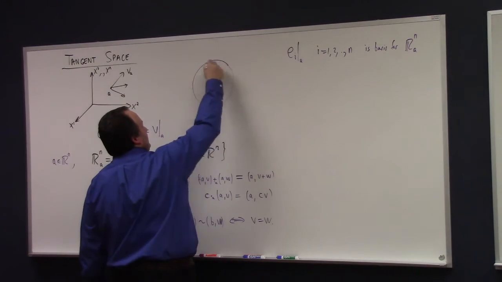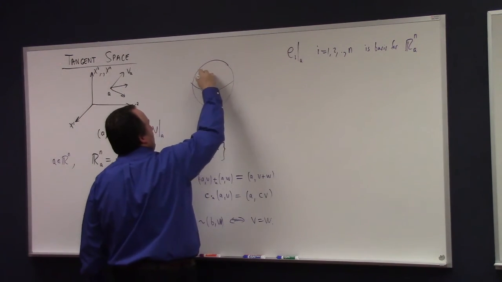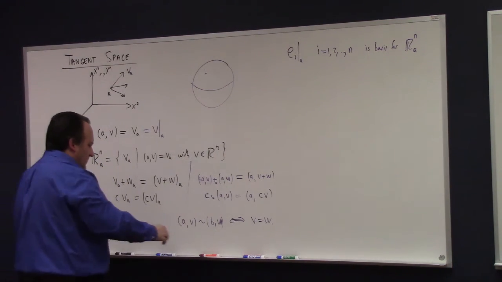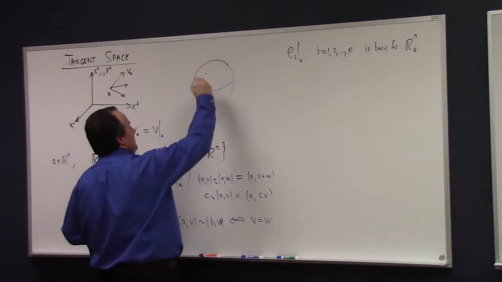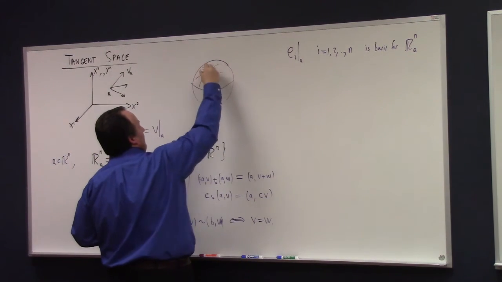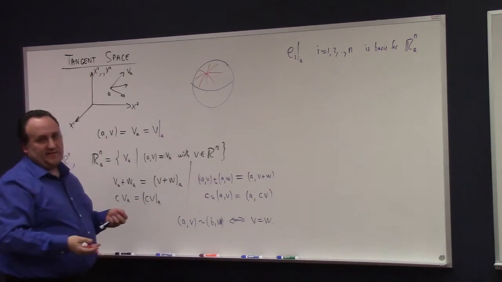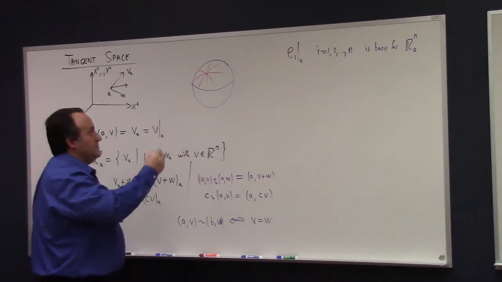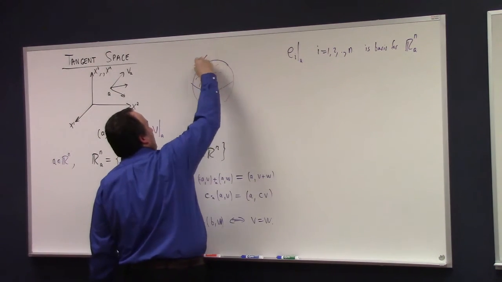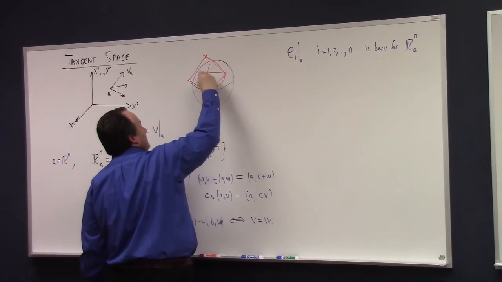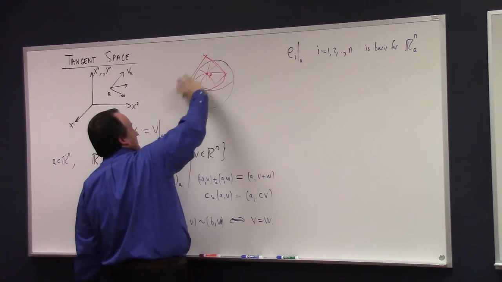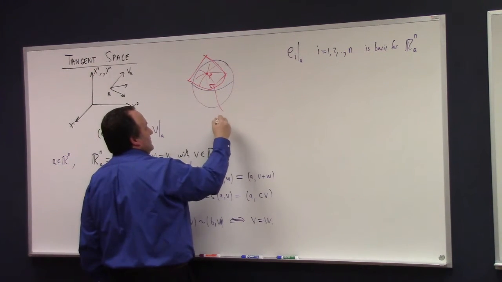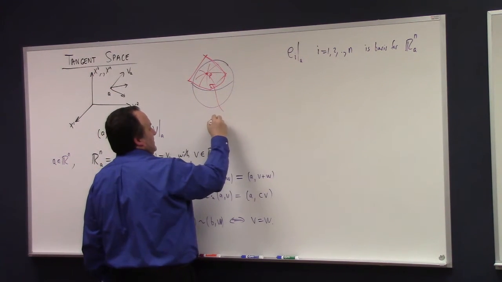You could think about something like a sphere, pick a point, right? And then you could imagine all the curves that go through that point, and all the tangent vectors to those curves at that point of attachment. There's literally some kind of plane here, which you could think of as the tangent space.